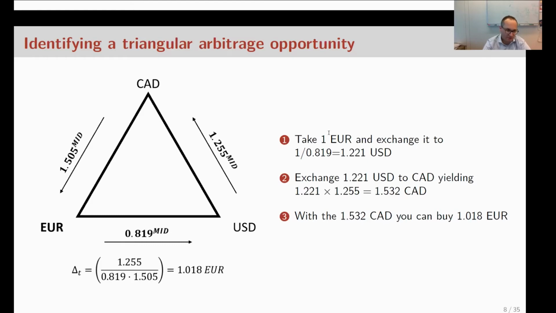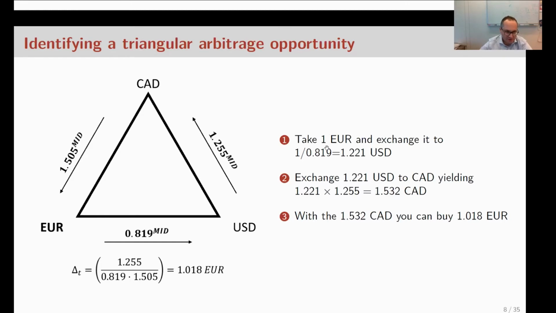It consists of a round trip where a trader starts, let's say, with €1, then exchanges that against US dollars at the prevailing exchange rate, and then continues to exchange these dollars into Canadian dollars, and then exchanges it back to the euro. And in this example, which is just arbitrary numbers, that trade would yield a very small profit of 1.8% in this case.